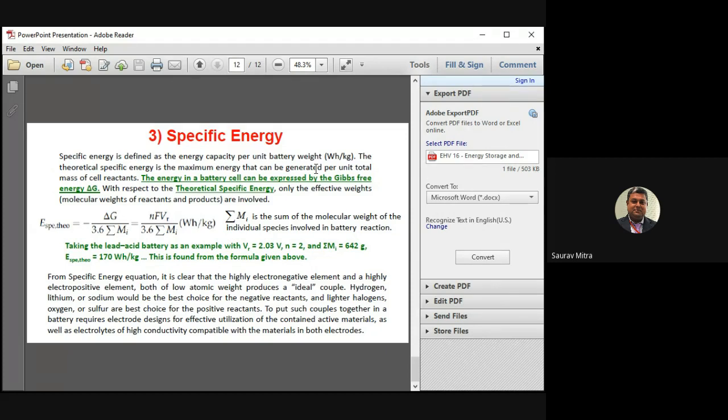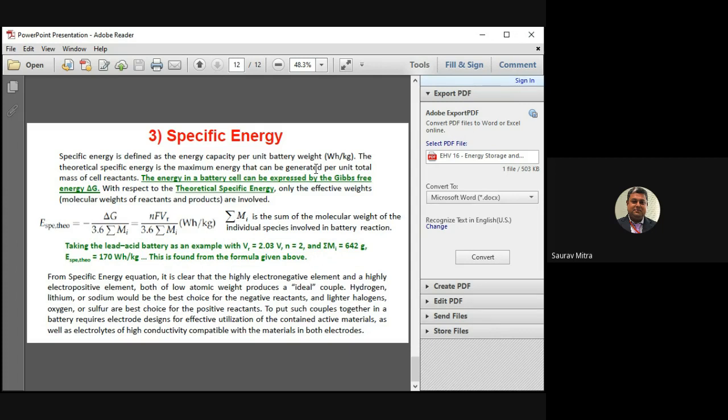This is the source which is having high specific energy. So if the battery weight is 5 kilos, and if the total energy given by that is 10 watt hour, that means it's having specific energy of 10 divided by 5, that is equal to 2 watt hour per kg.